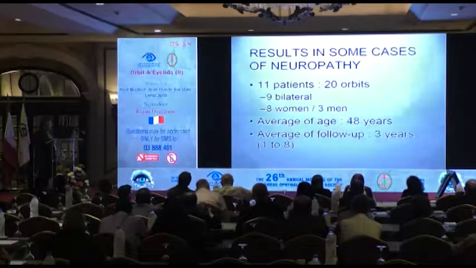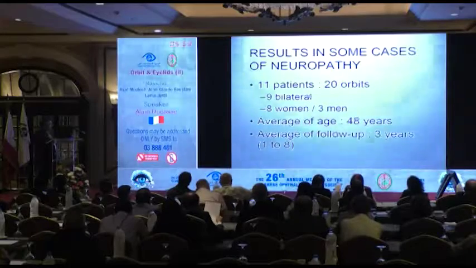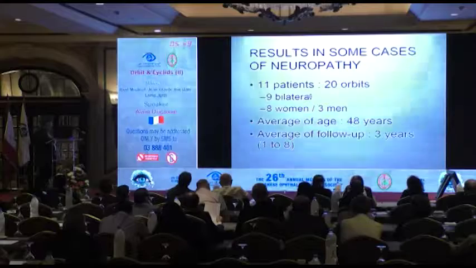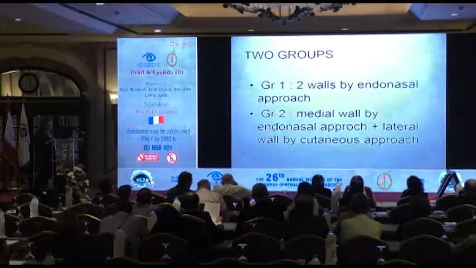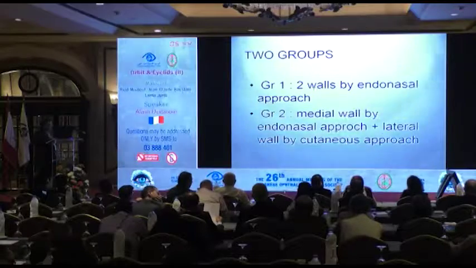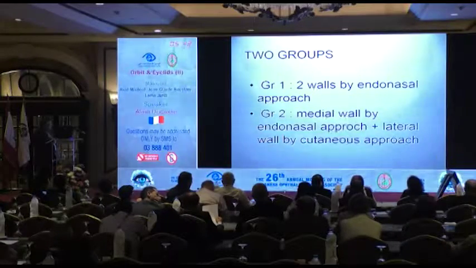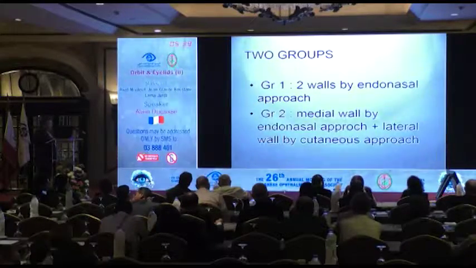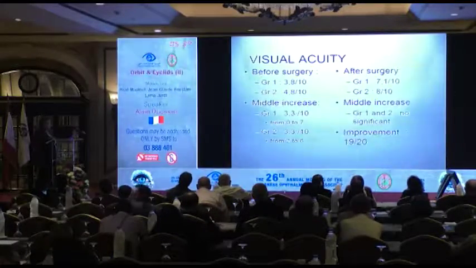We performed a short study many years ago with 20 orbits with a follow-up of 3 years. We separated 2 groups. In group 1, 2 walls by endonasal approach. In group 2, medial wall by endoscopic approach and lateral wall by cutaneous approach.